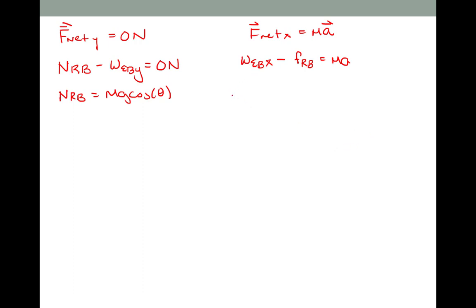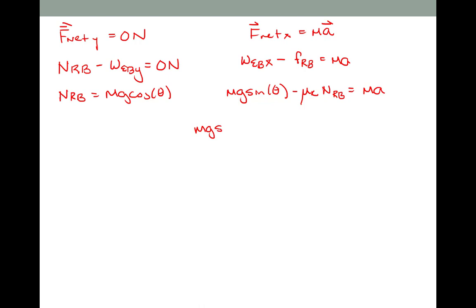I can now plug in that the x component of the block's weight is mg sine theta, and friction is going to be the coefficient of kinetic friction multiplied by the normal force.